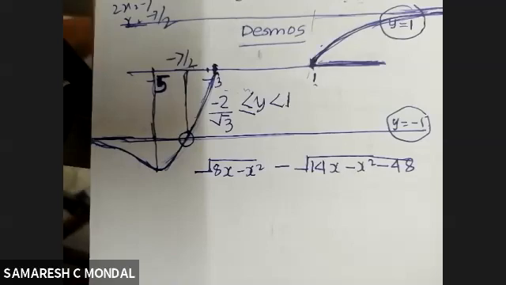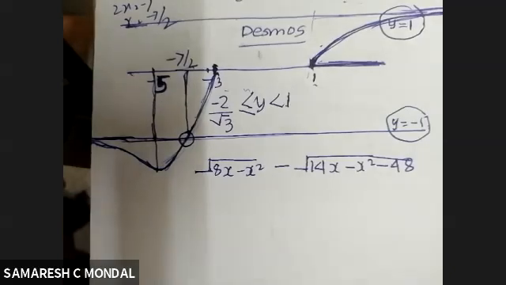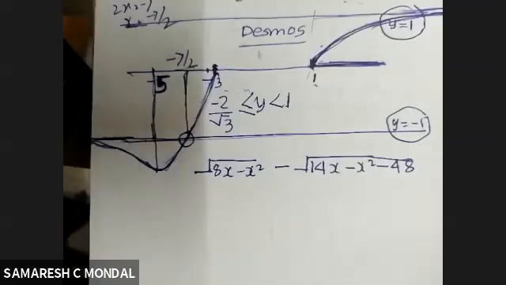This is a range problem again, correct? Did I write the question correctly? Root of 8x minus x square, and root of 14x minus x square minus 48.